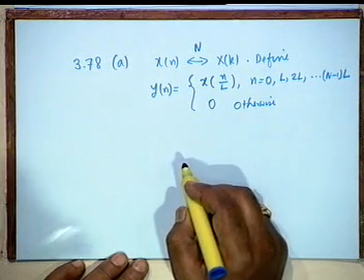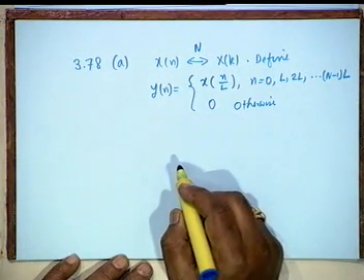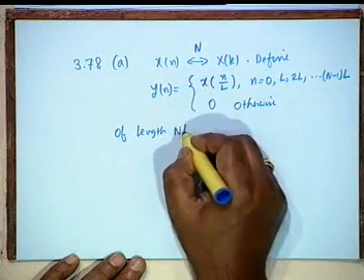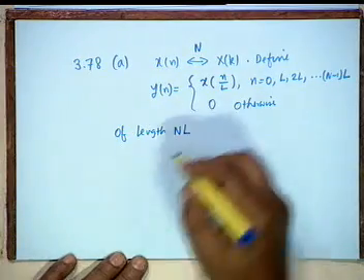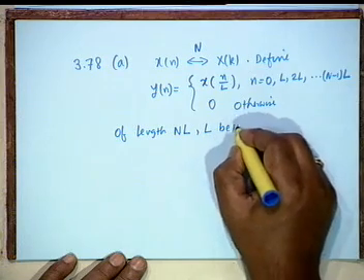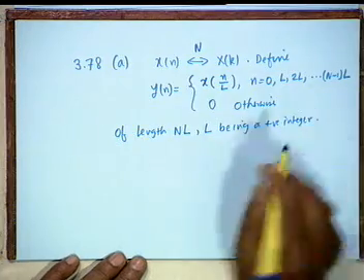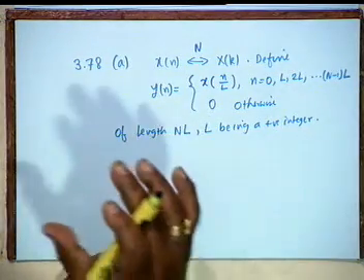But y of n, the upsampled version, is now of length capital N multiplied by L, L being a positive integer. So far so good. We had capital N points in x of n, so when we upsample it, we are adding L minus 1 zeros in between, so the total length of y of n becomes capital NL.